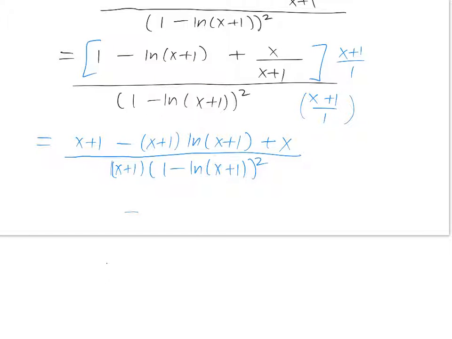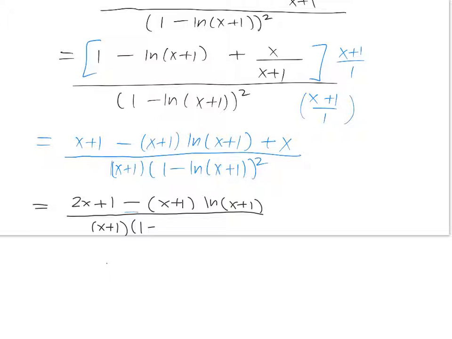What can you combine in the numerator? The x's. So 2x plus 1. I'm just going to leave it as minus parenthesis x plus 1 ln of x plus 1. All over x plus 1 minus ln of x plus 1, the whole thing squared. So there's your derivative.